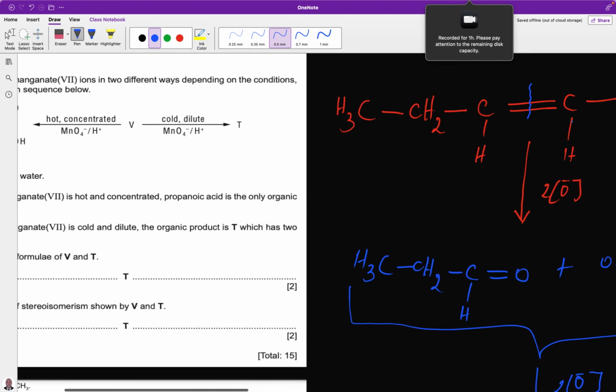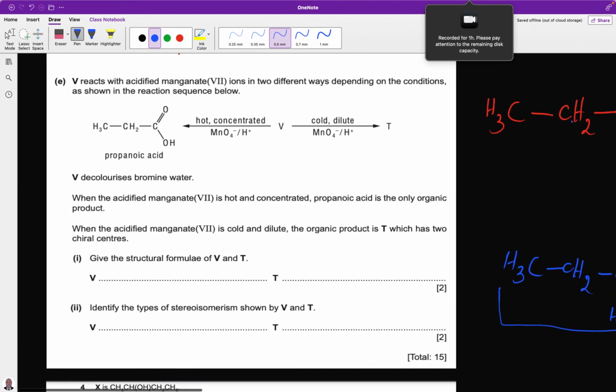That is supposed to be our formula for V. Structural formula for V will be CH3, CH2, CH, a double bond, CH, CH2, and the CH3.